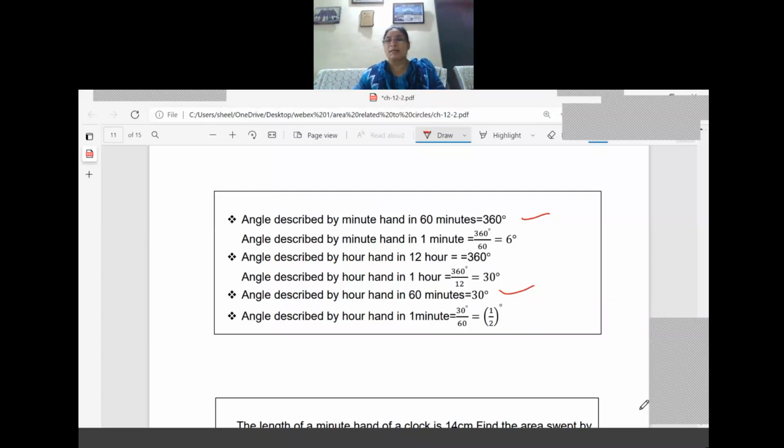So according to that, the value will change. Finally, what we have to calculate: the angle described by the minute hand in 1 minute is 6 degrees, whereas the hour hand is equal to half a degree only. So you should learn both formulas. If you write the same pattern 2 or 3 times, you will get the idea of how to calculate the angle.